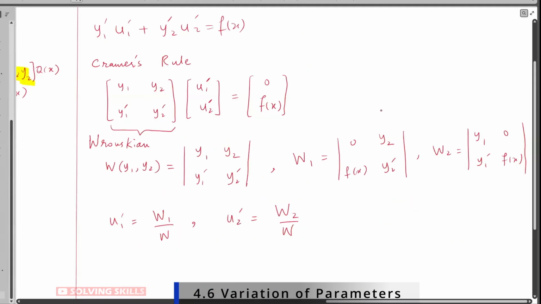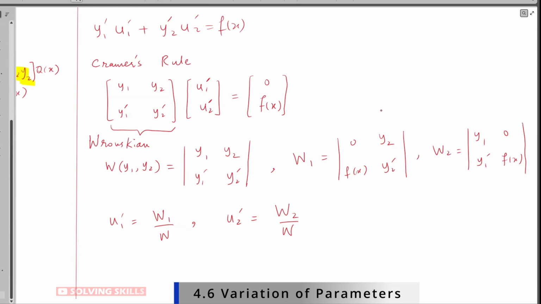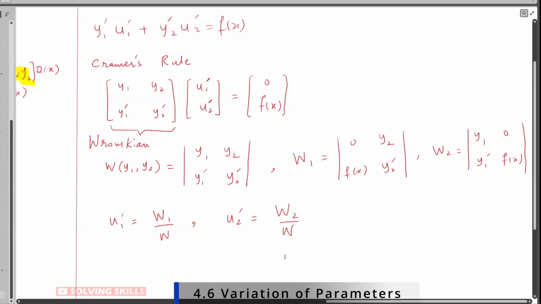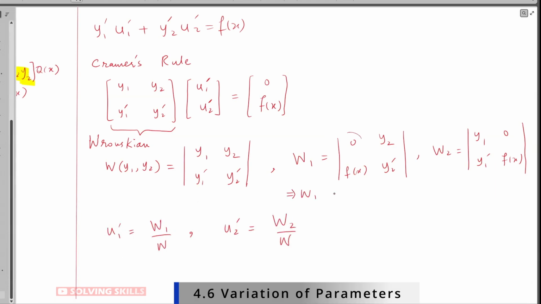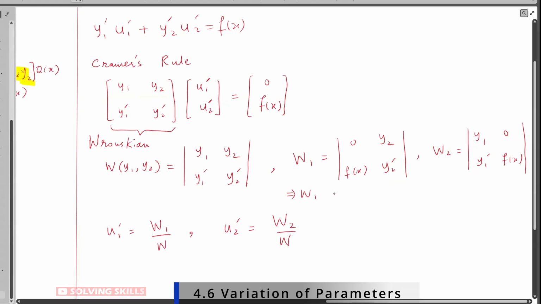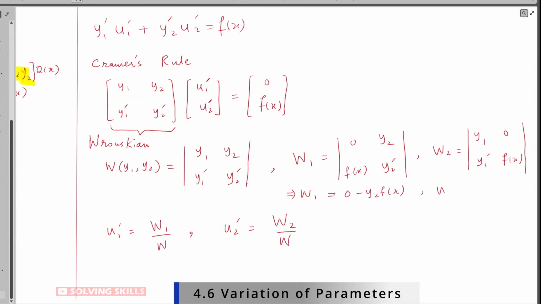The values of w1 and w2 are relatively straightforward compared to w. w1 is simple because one product becomes 0, and in w2 as well. So w1 is 0 minus y2 f of x, whereas w2 is y1 f of x minus 0. So u1 prime is minus y2 f of x divided by w, and u2 prime is y1 f of x divided by w.